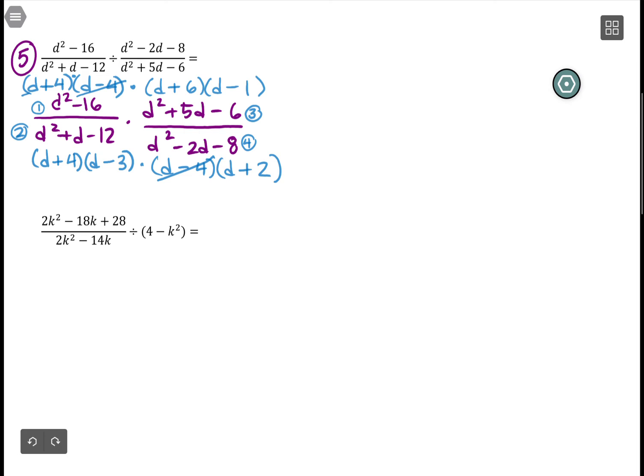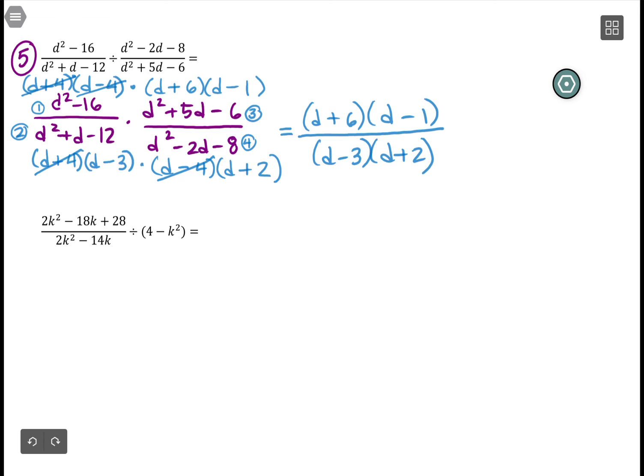If I'm multiplying by a d plus 4, dividing by a d plus 4, that cancels. And that's all I get. So bummer. Okay, still pretty good. I get d plus 6 times d minus 1, over d minus 3 times d plus 2.